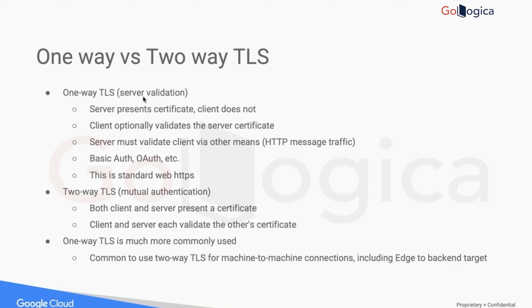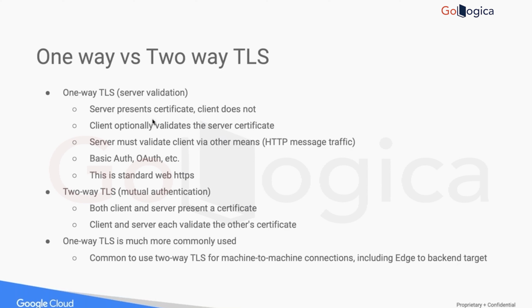If the certificate is valid, then it is done. Now how does the server verify the client? Because the client has verified the server, the server now has to verify the client, and it does so using OAuth or basic authentication. The client has to present the token, and the server verifies the client using those tokens.